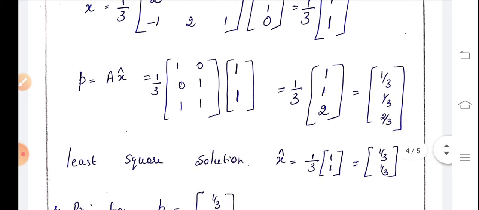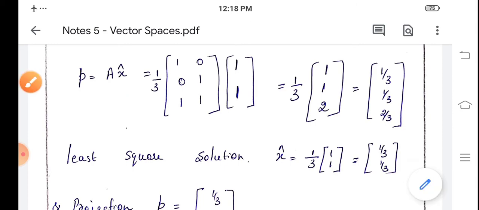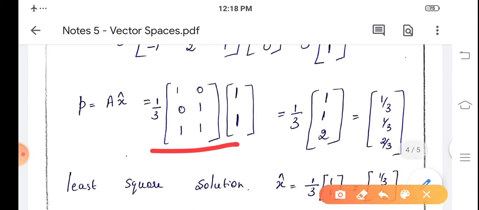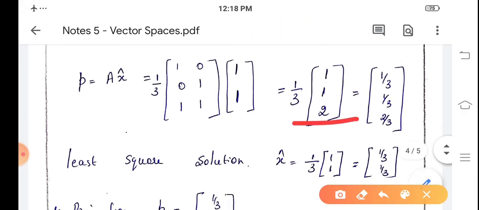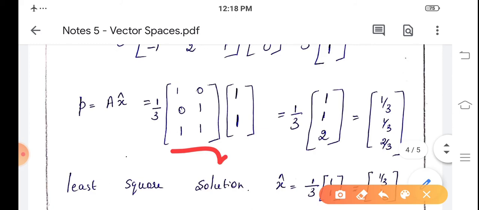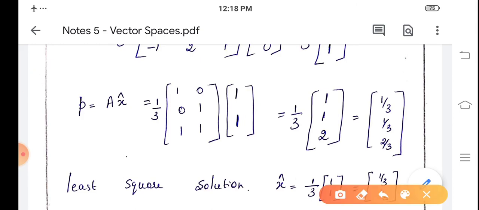So, projection of B onto the column space of A is given by P is equal to A x cap, or it is 1 by 3 into matrix A, [1 0; 0 1; 1 1], into [1 1]. So we multiply this, then we obtain 1 into 1 plus 0 into 1, first entry 1.